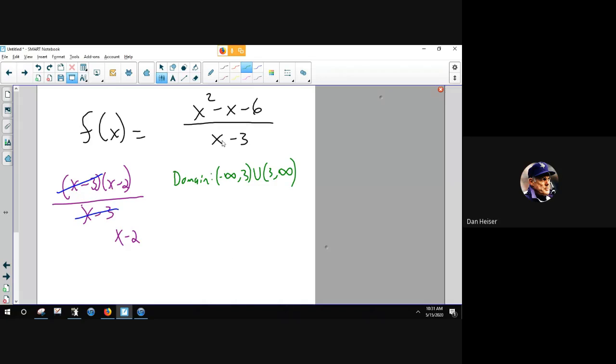But if I plug in 3 and I plug in 3, that's where trouble occurs. That's a problem. 3 is not in the original function's domain. Therefore, it cannot be in this simplified domain.